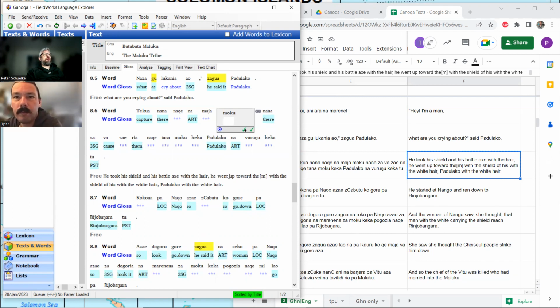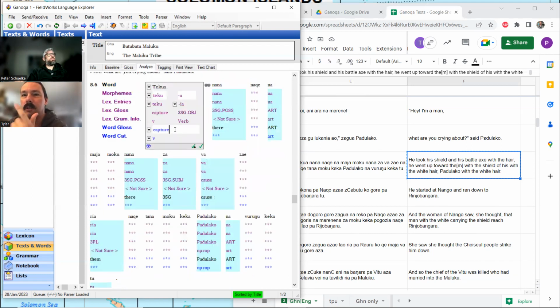We should be able to figure out if that's faithful. I don't think it is. I think there's one word for shield with white hair, and people know what it is. Right. Interesting idea. Capture their nange. Capture Manja it. moku. He didn't capture his shield. He took it. Yeah, I know. Right. I'm thinking there. Yeah, we'll fix that. He took it. We have tekwa as one word, not teku-a.